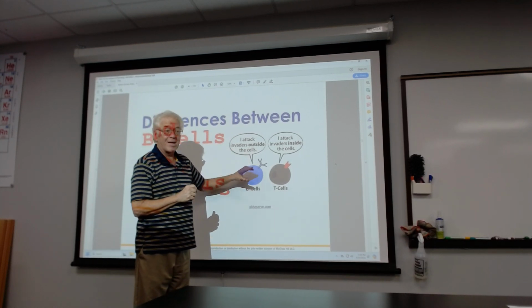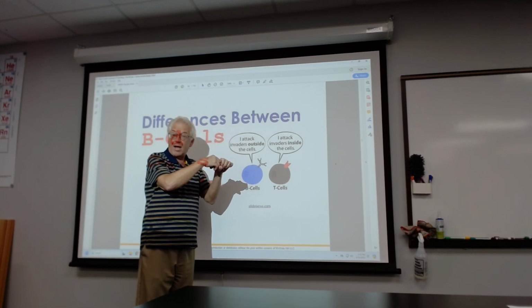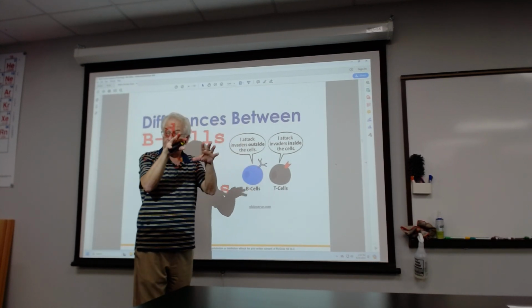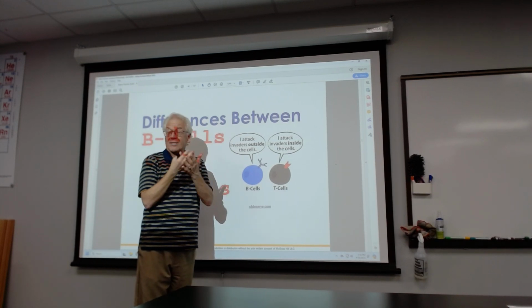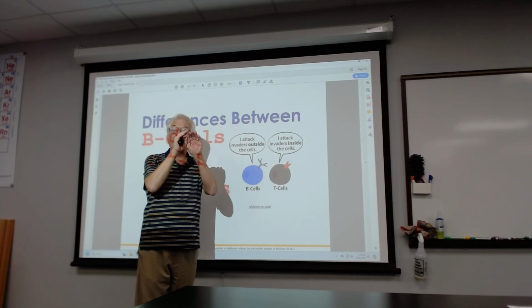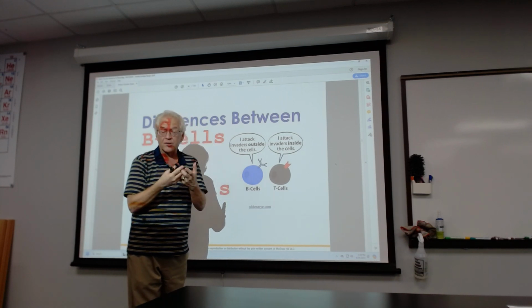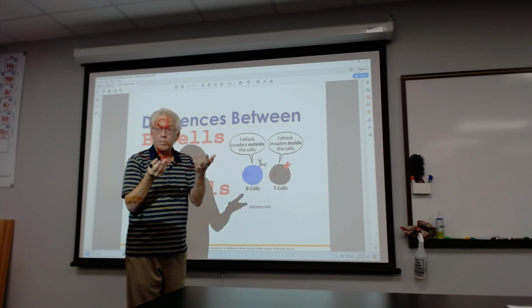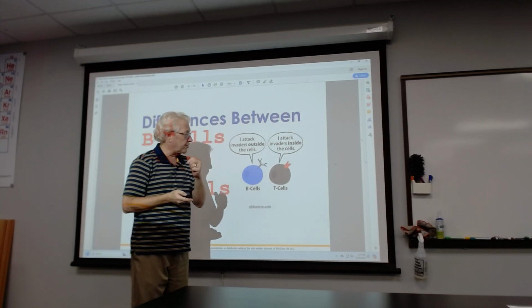Why? Because B cells make antibodies that stick to the outside of a bad guy who's floating around in your blood and lymph.